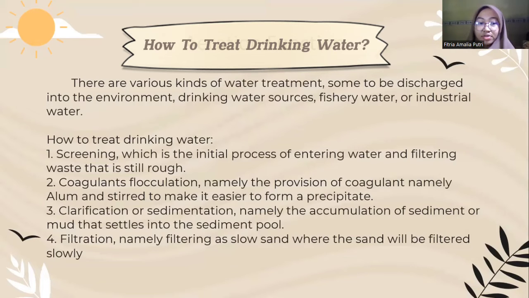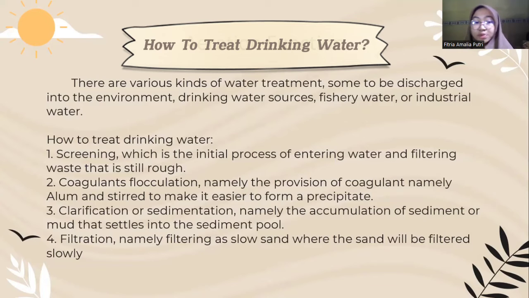The second process is coagulation and flocculation, namely the provision of coagulant, namely alum, to make it easier to form a precipitate.